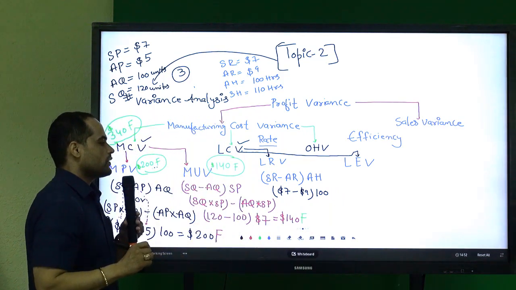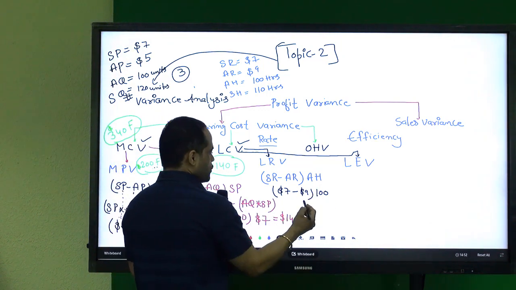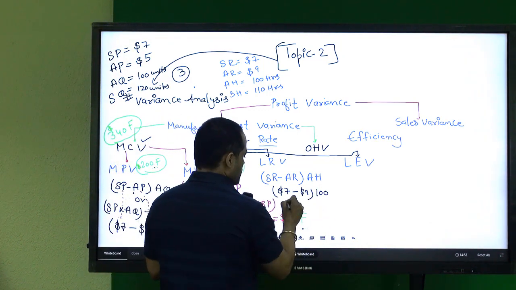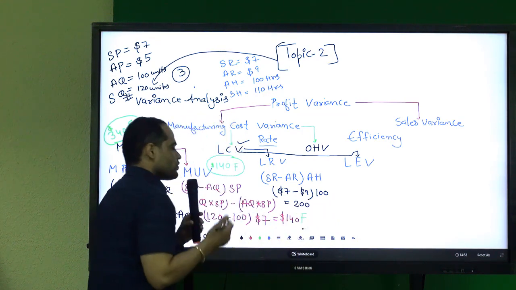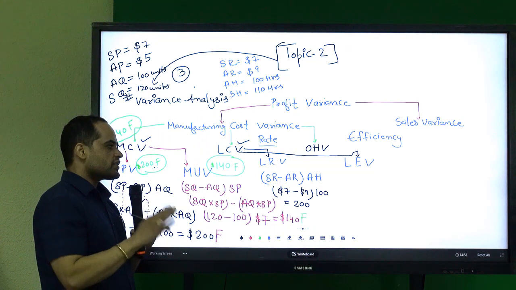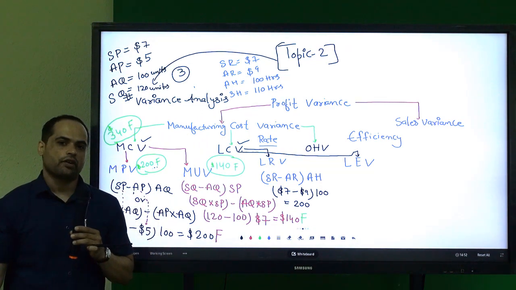So 7 minus 9, 2. 2 multiplied by 100 is 200. Now the question is, is this 200 favorable or unfavorable?